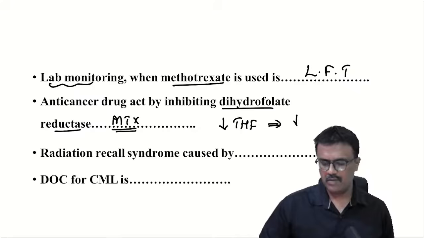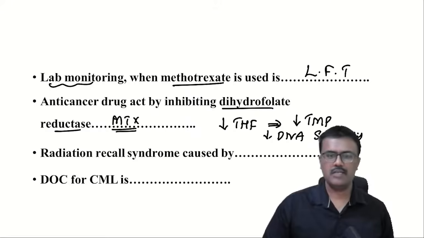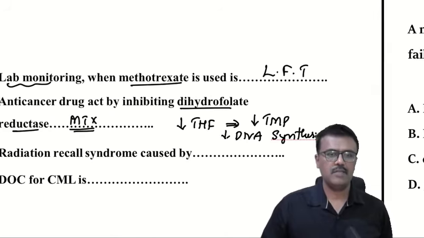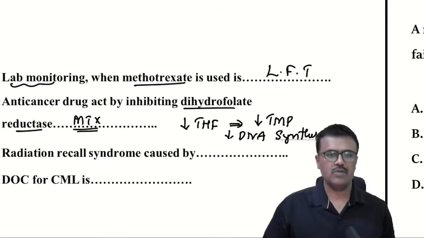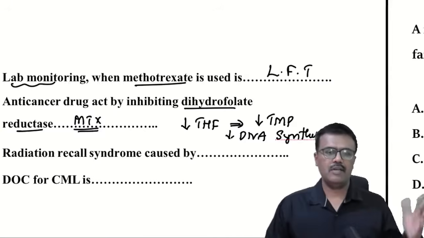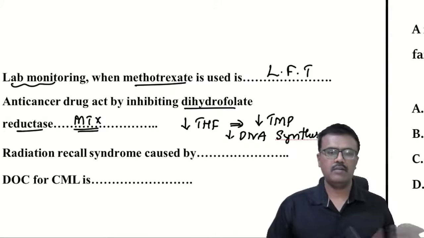There is a decrease in formation of thymidine monophosphate. So there is a decrease in DNA synthesis. This has also been tested. Let me repeat, methotrexate inhibits dihydrofolate reductase. So there is less tetrahydrofolate. Without that, there is less thymidine monophosphate. No thymidine, no DNA synthesis.